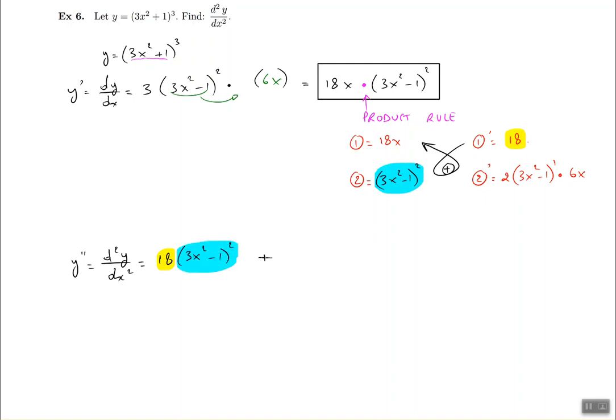Then we put a plus sign because of the product rule, and then we multiply the opposite corners again. So the 2, the 3x squared minus 1 times the 6x, that's the corner on this side, and I have to multiply it by the opposite corner, which is the last 18x corner.